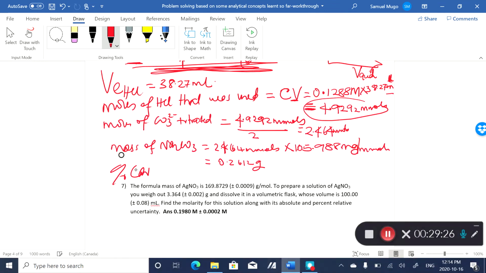And so percent carbonate then in the soda ash sample is going to be equal to 0.2612 grams divided by the mass that we started with, which was 0.2638 grams, multiplied by 100. And when you do that, you're going to see it's 99.0% of sodium carbonate present in that soda ash sample.